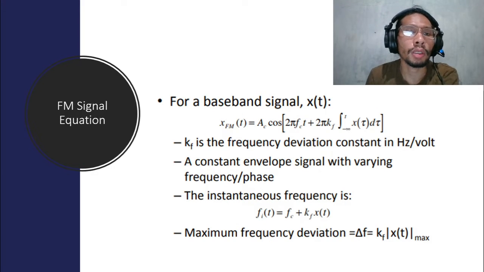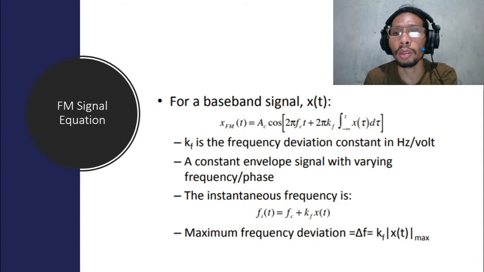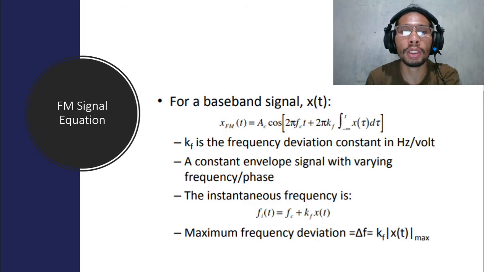For the FM signal equation, or the mathematical equation for a baseband signal x of t, it is equal to the amplitude of the carrier times the cosine of 2 pi f_c t plus 2 pi kf multiplied by the integral from negative infinity to time t of x of t dt, where kf is the frequency deviation constant in Hertz per volt, a constant envelope signal with varying frequency and phase.